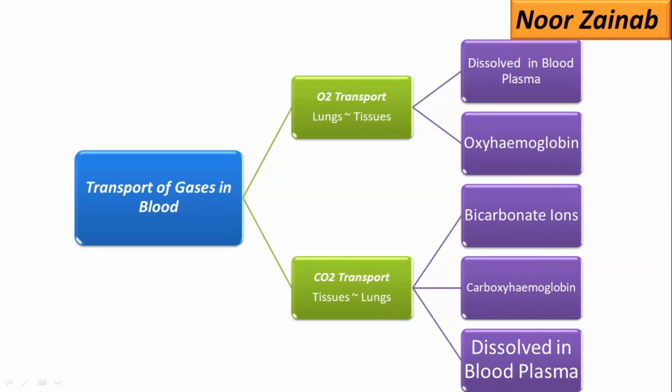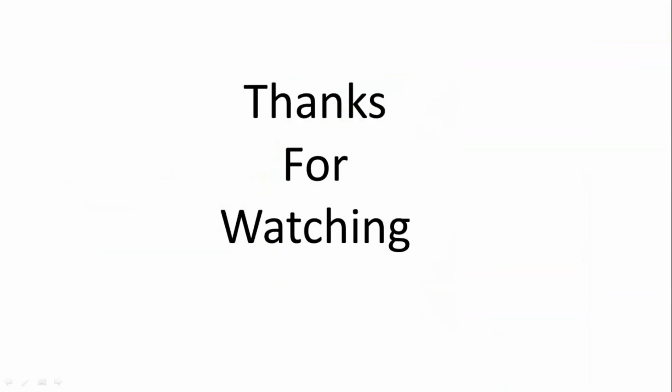Now we also discussed the transport of carbon dioxide from all of our body tissues, and it is transported by our blood to our lungs where it is exhaled outside into the air. It occurs in three main ways: converting into bicarbonate ions, as carboxyhemoglobin, or carbon dioxide can be transported as being dissolved in the liquid portion of the blood, which is blood plasma.